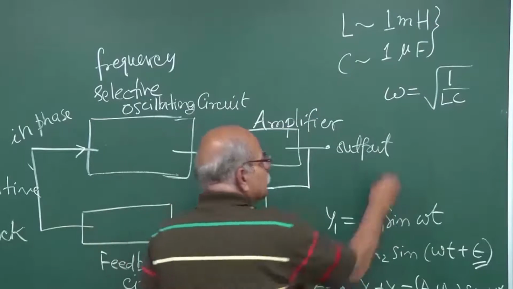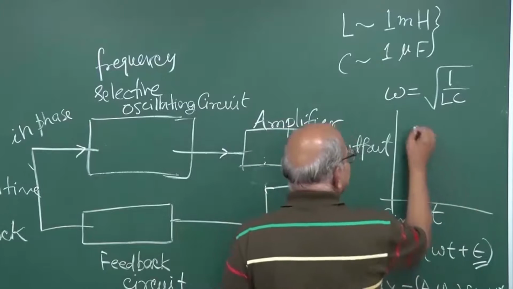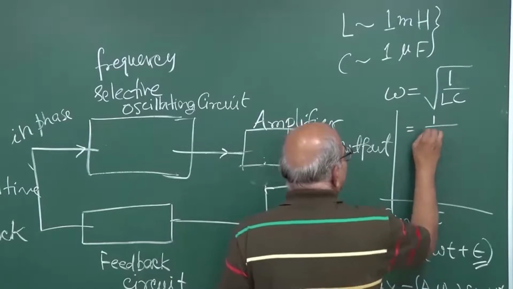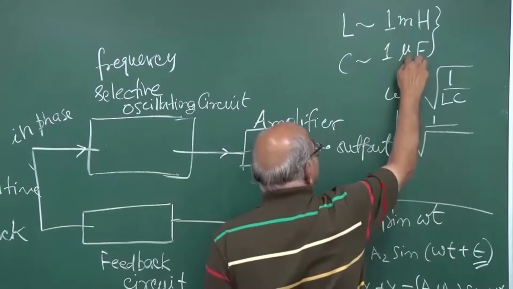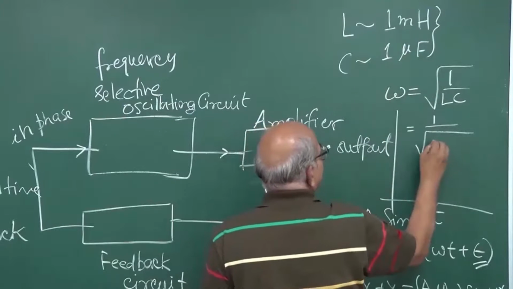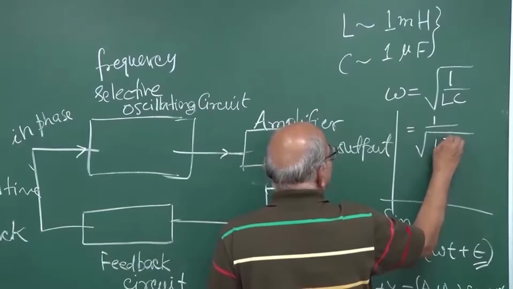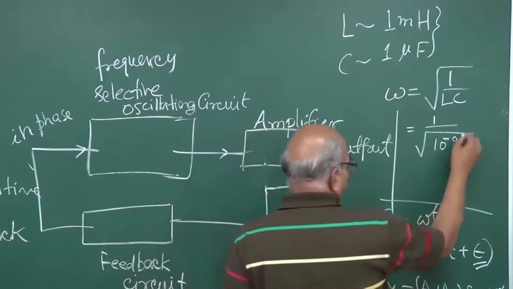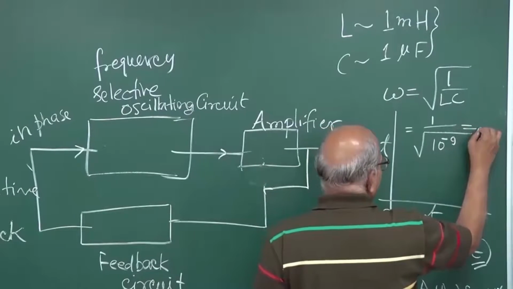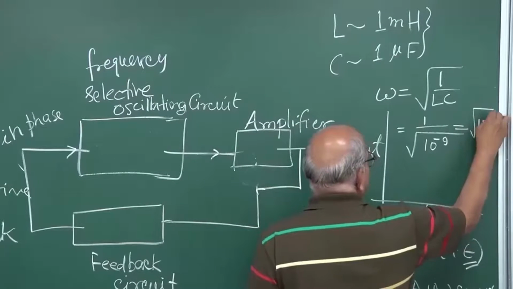So what will be this? This will be square root of 10 to the power minus 3 here and minus 6 here. So if you multiply, it's 10 to the power minus 9, or it is square root of 10 to the power 9.